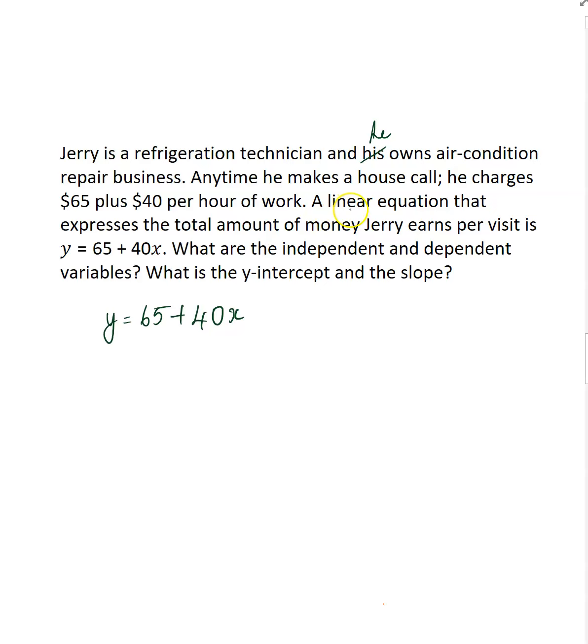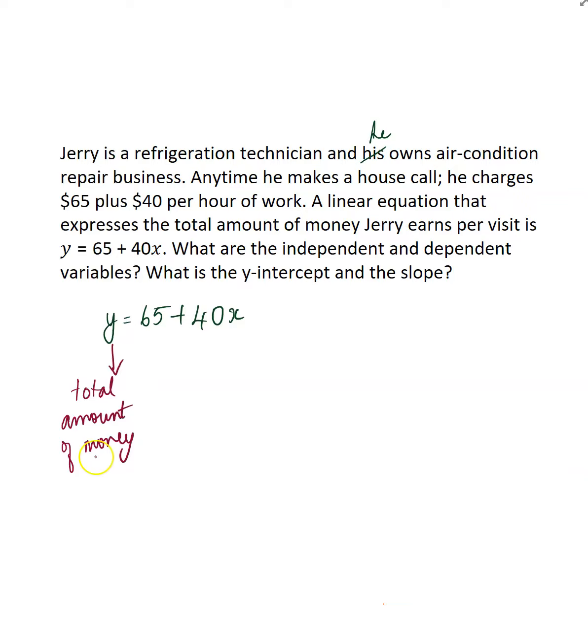Now it says the linear equation that expresses the total amount of money that Jerry earns per visit is given to be this. So this whole equation, which is basically represented by y, gives you the total amount of money that Jerry makes in a house call.